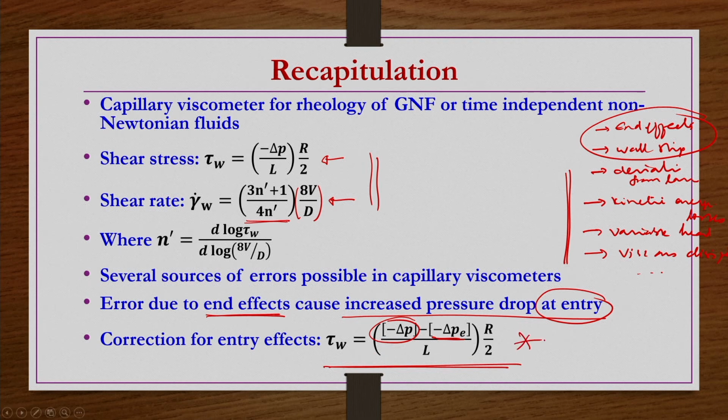After seeing that procedure, we have also seen an example problem, from which we realized that after incorporating the end effects, the rheological behavior using different lengths of capillaries are all superimposing onto each other. Before incorporating the correction for the end effects, they were not. That is, shear stress versus nominal shear rate gave different curves for different L values of the capillary.